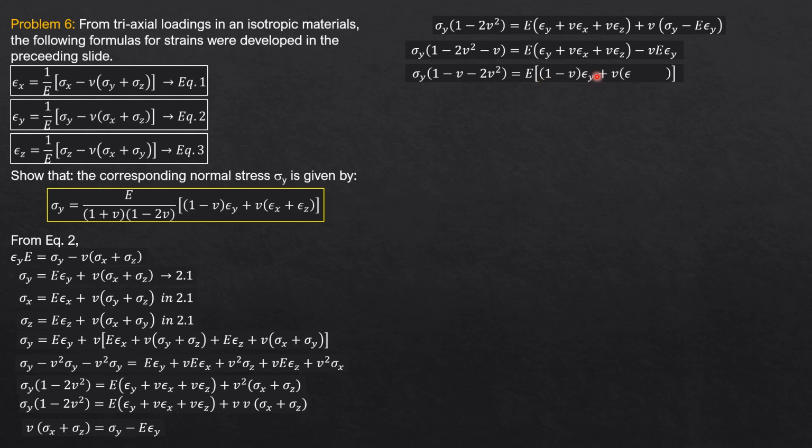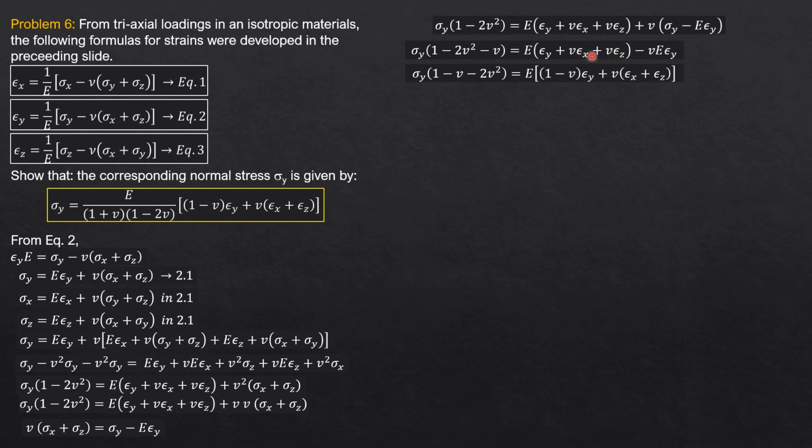Then for strain y, common is E and strain y for this term and that term. So we have E common to all terms, then we have 1 minus Poisson's ratio.